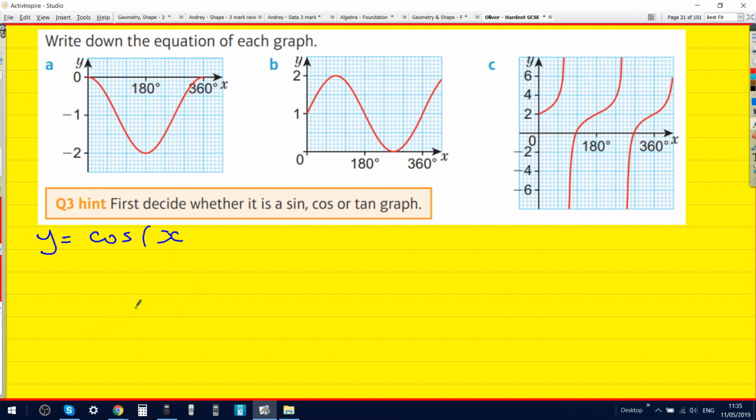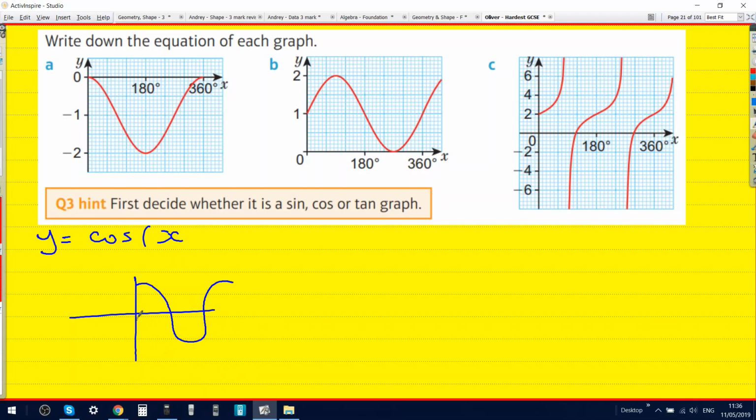Okay. So it usually looks like that, and it's now been moved to like that.